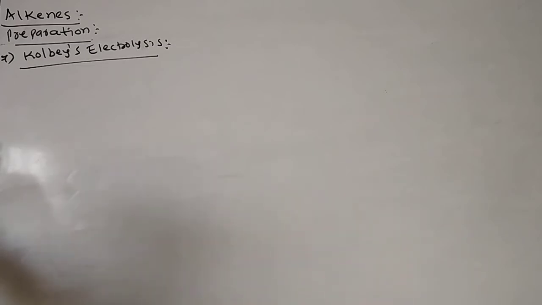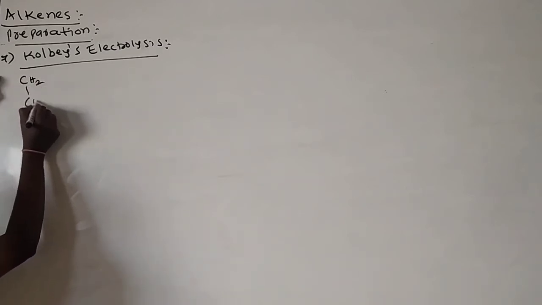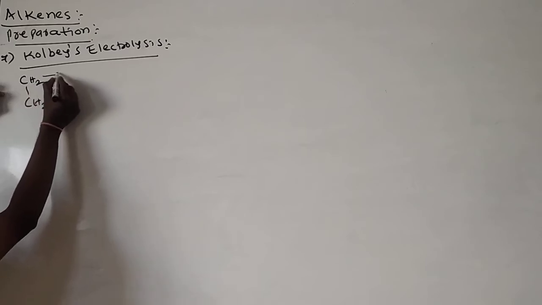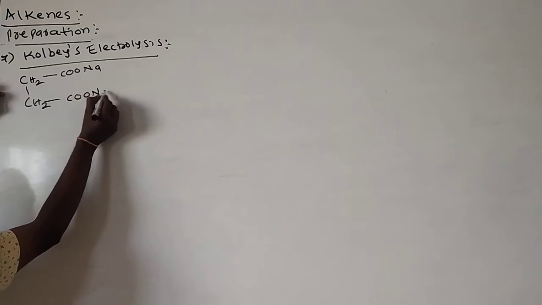Here, especially ethene or ethylene is prepared using Kolbe electrolysis from dipotassium succinate or disodium succinate. What is disodium succinate? It is CH2, CH2, COONa, COONa. This is what we call disodium succinate.